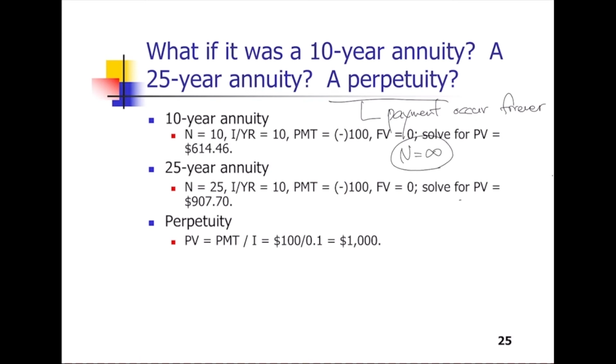So how can it be calculated? From the present value of ordinary annuity function. Present value of ordinary annuity can be calculated by using the general formula, right? PMT over I times (1 minus 1 over (1 plus I)^n), like this. In this case, n goes to infinity. How can you calculate? Do you remember from high school? Yeah, take a limit.